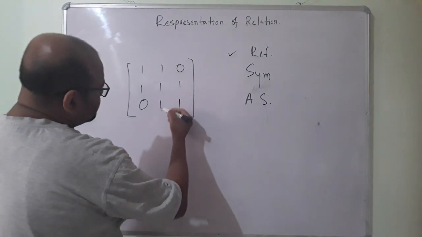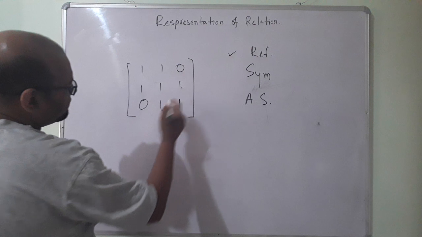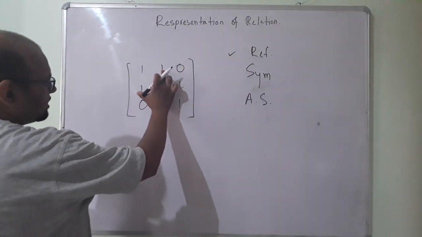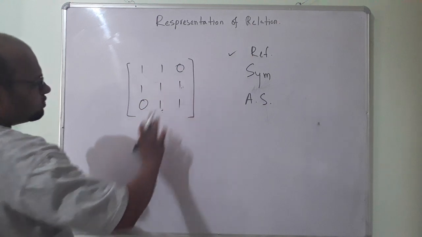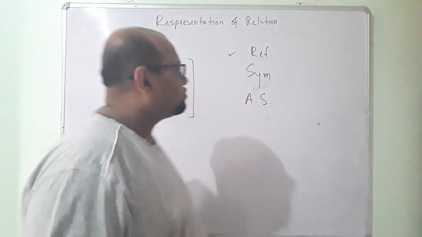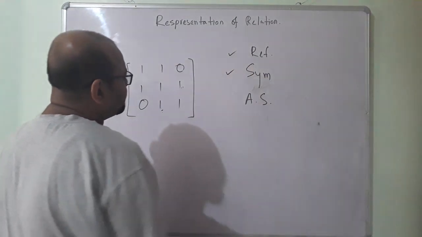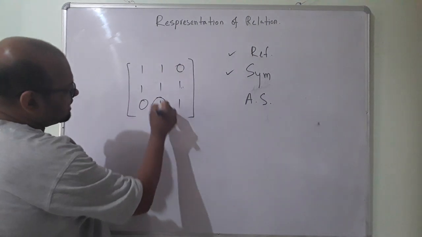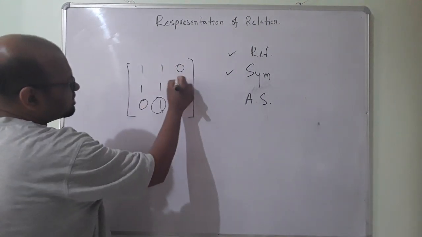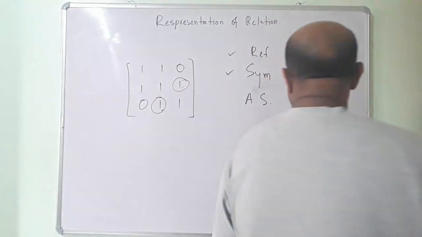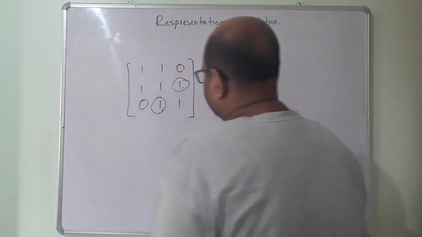In both these mirror places I have 1 and 1, 1 and 1, and I have 0 and 0. So all these entries satisfy ij equal to ji, right? So because of that we know this is symmetric. Is it antisymmetric? See, (3, 2) and (2, 3), both of them are 1, but 3 is not equal to 2. So we know this is not antisymmetric.